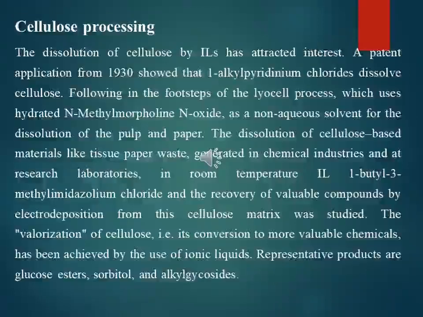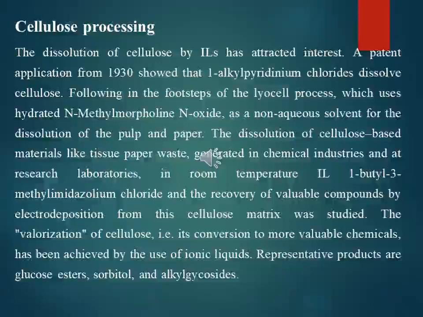Cellulose processing. The dissolution of cellulose by ionic liquids has attracted interest. A patent application from 1930 showed that 1-alkylpyridinium chloride dissolved cellulose. This followed in the footsteps of the lyocell process, which uses hydrated N-methylmorpholine N-oxide as a non-aqueous solvent for the dissolution of the pulp and paper.